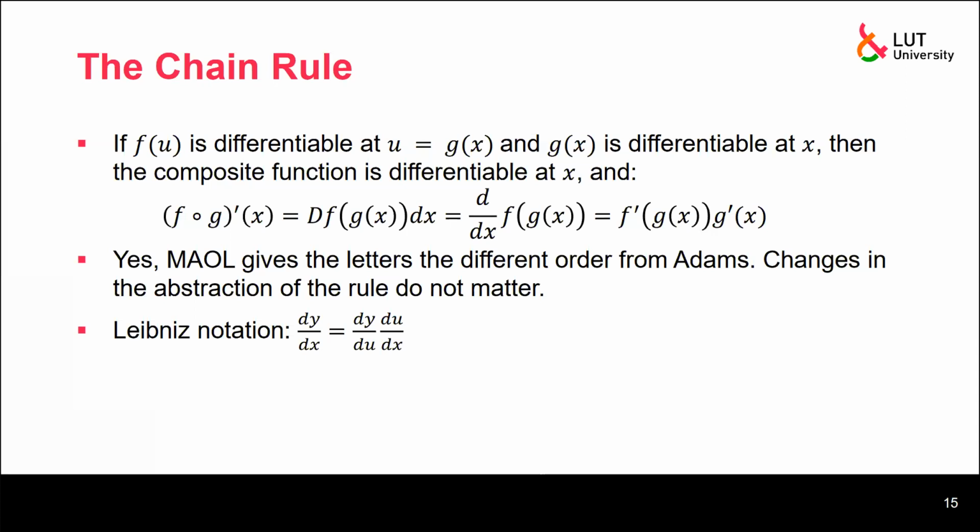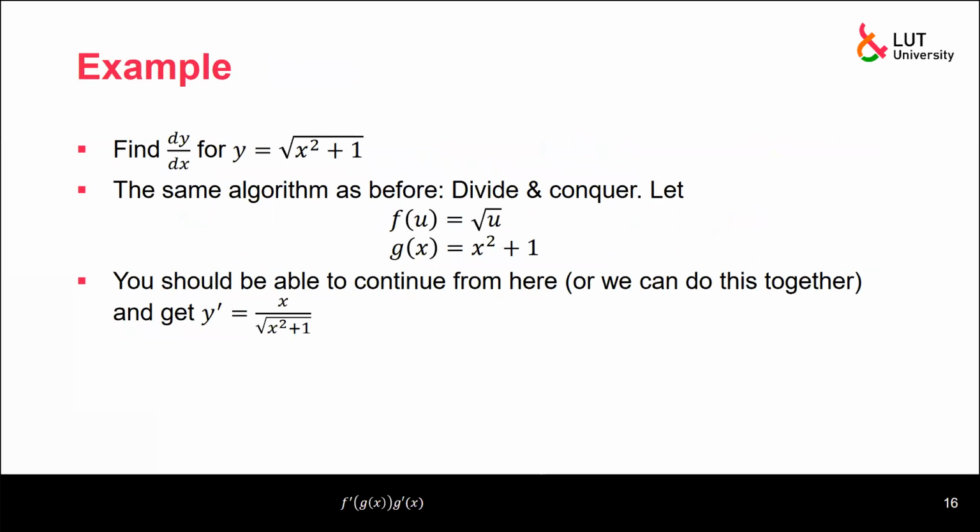We can use the work we already did. That's one of the key ideas of using a function, that if you already have the results, don't redo it, use the already computed values. So example, we need to find the differential of y equals square root of x squared plus 1.